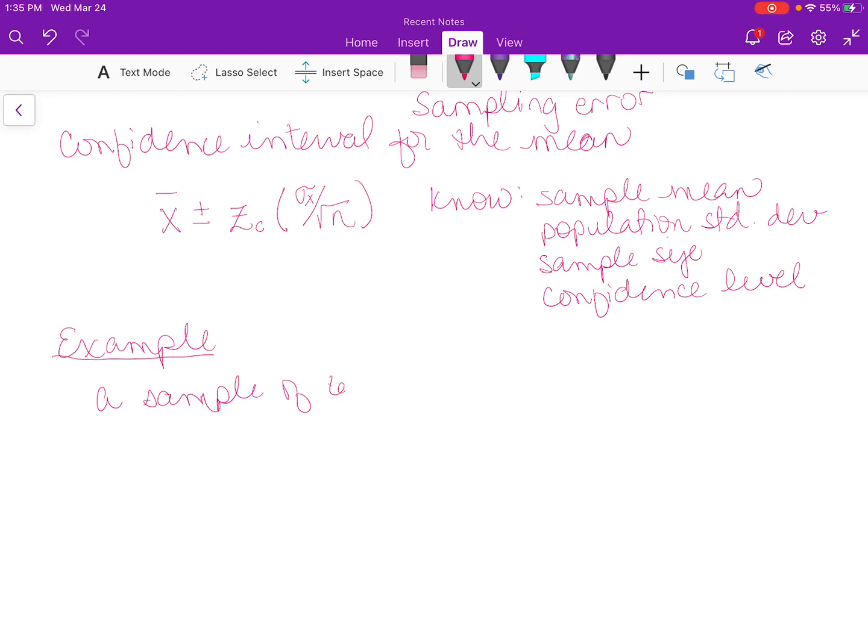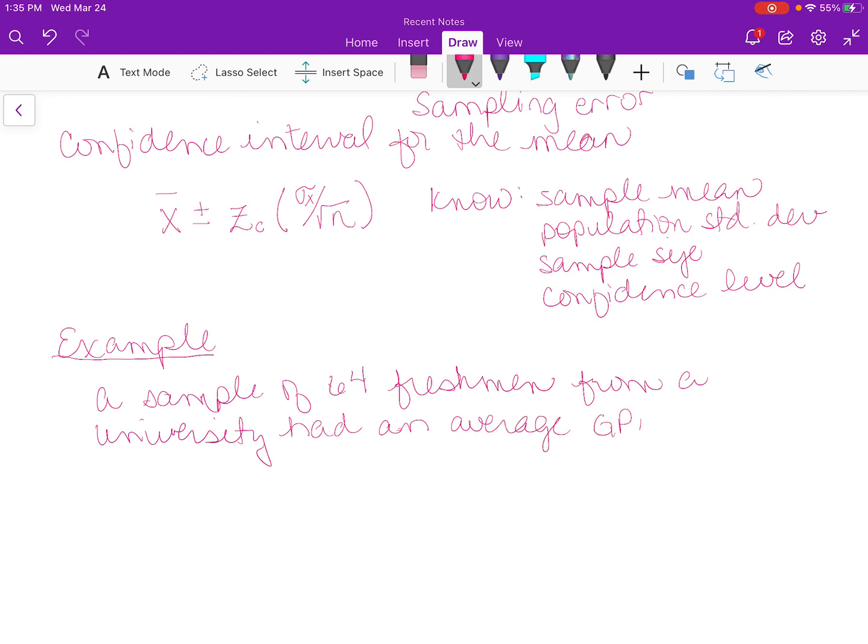A sample of 64 freshmen from a university had an average GPA of 2.9 at the end of their first year.